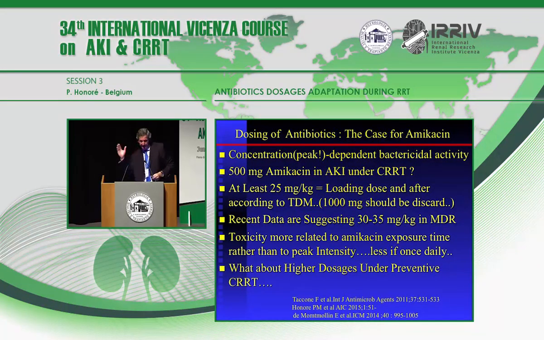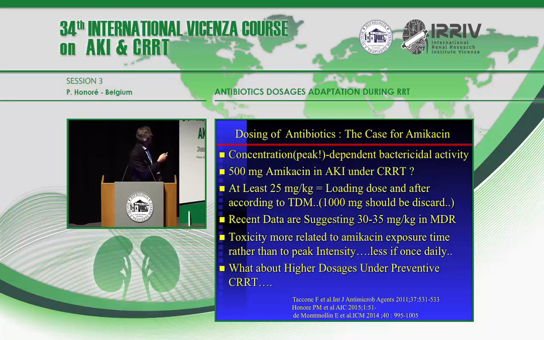Okay, move on. Amikacin. Concentration peak dependent antibiotic, as you know better than I do. And when I'm getting some time around in the ward in the hospital, I'm still seeing colleagues saying, well, the patient is in AKI, we don't want to increase the AKI, so we will be gentle.